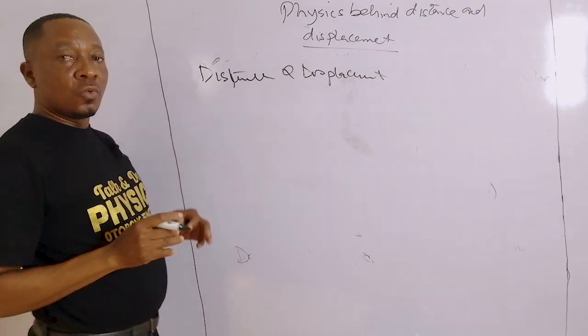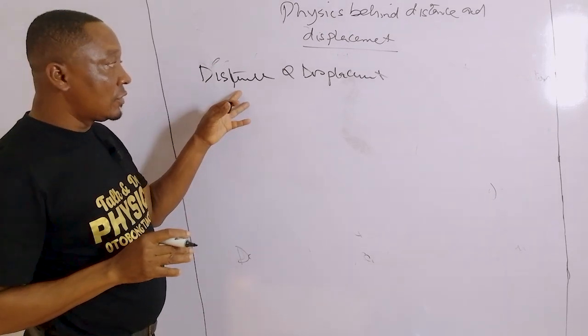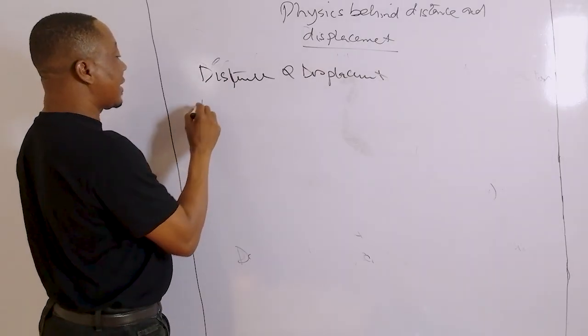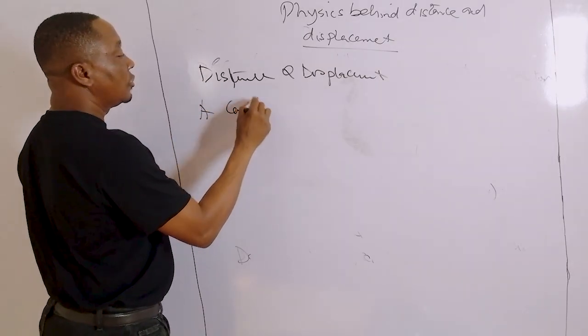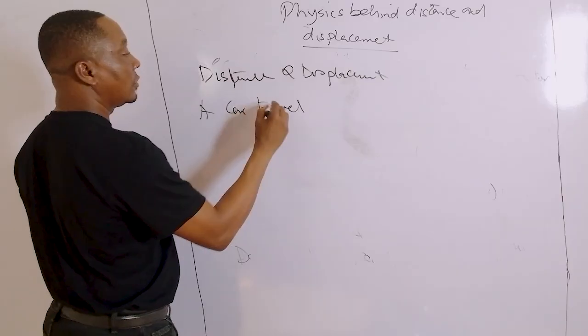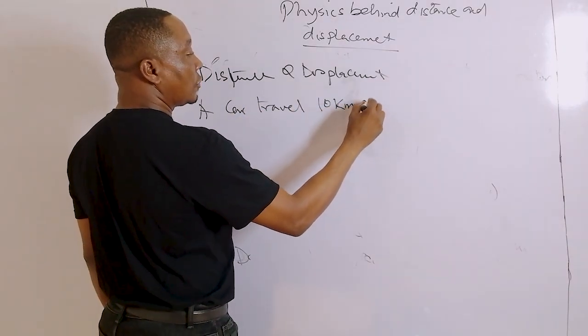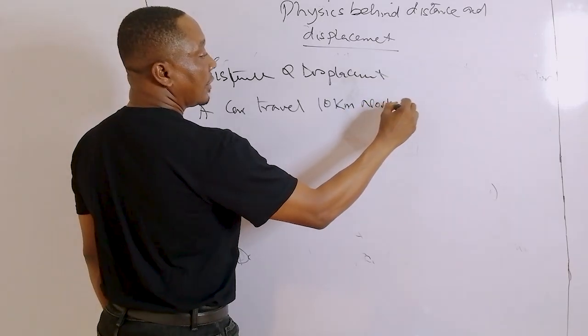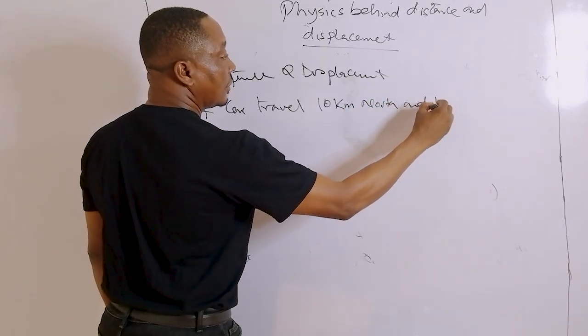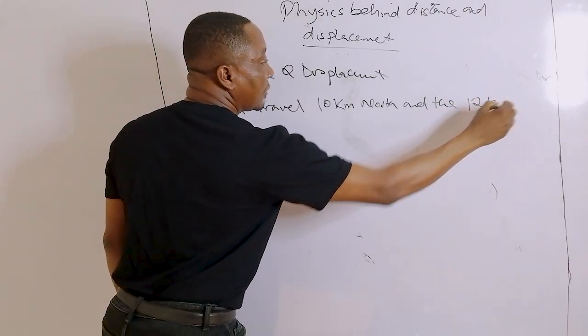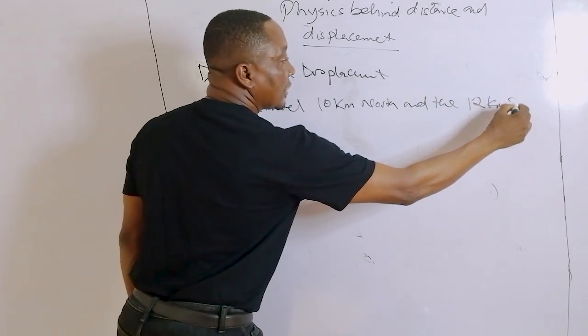Now, we are going to solve questions on distance and displacement. We said a car travels 10 kilometer north, and then 12 kilometer south.